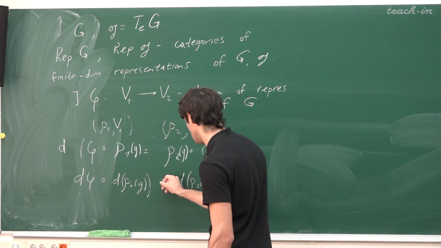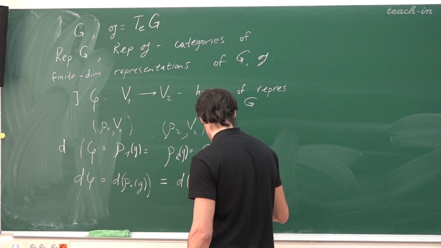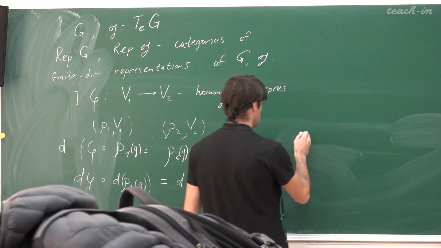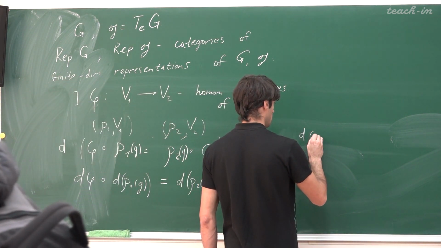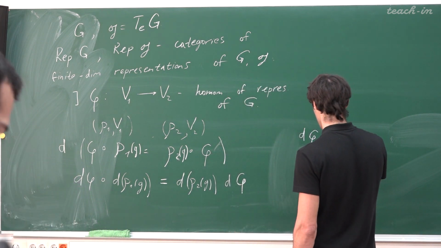Actually, d phi is just a linear map, so phi is a linear map.